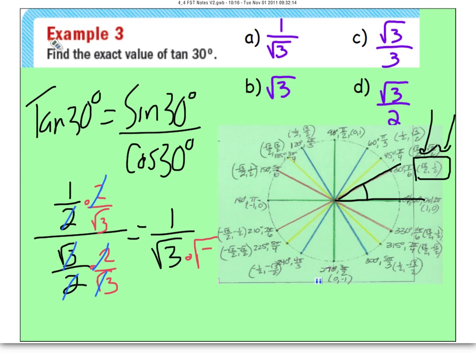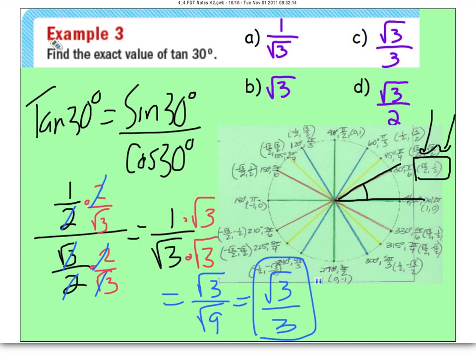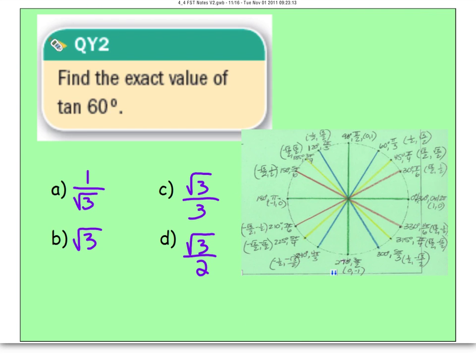Simplify your radical by rationalizing the denominator. When you do that, you're going to get the square root of 3 over the square root of 9. The square root of 9 actually becomes the number 3. Therefore, the exact tangent, or the slope of the line created by moving 30 degrees, is the square root of 3 over 3.